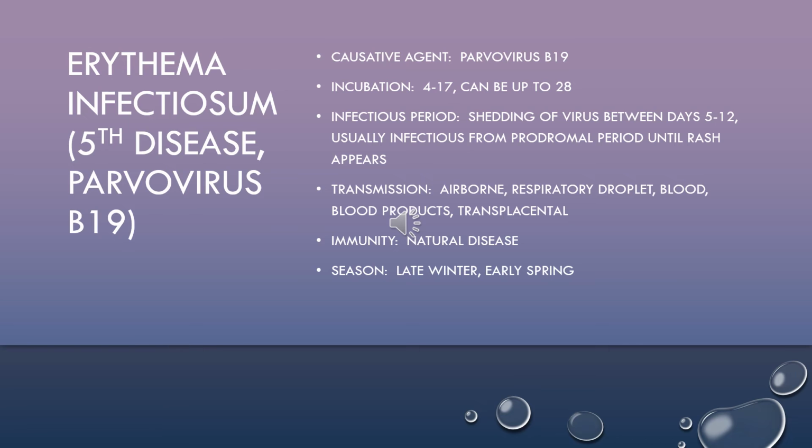So you can have a very long window of time that the child can be infectious with this one. Transmission is usually airborne through respiratory droplet, blood products, transplacental. Immunity from this one is natural, just occurs because the person has been exposed and they build antibodies. We usually see this in late winter and early spring.